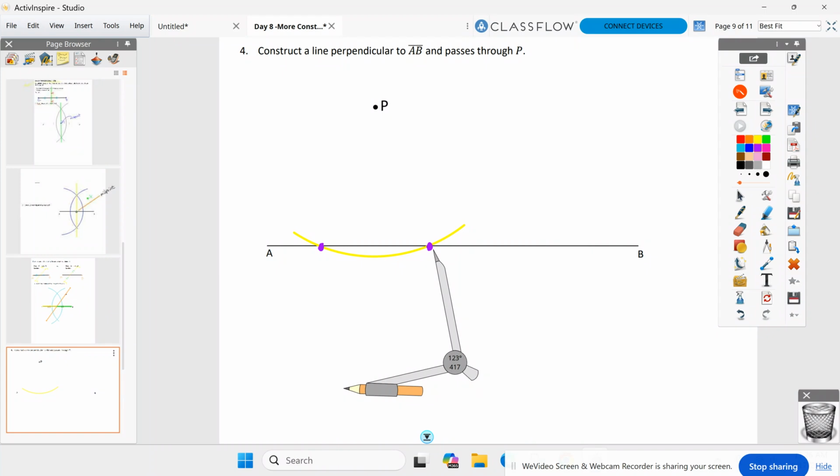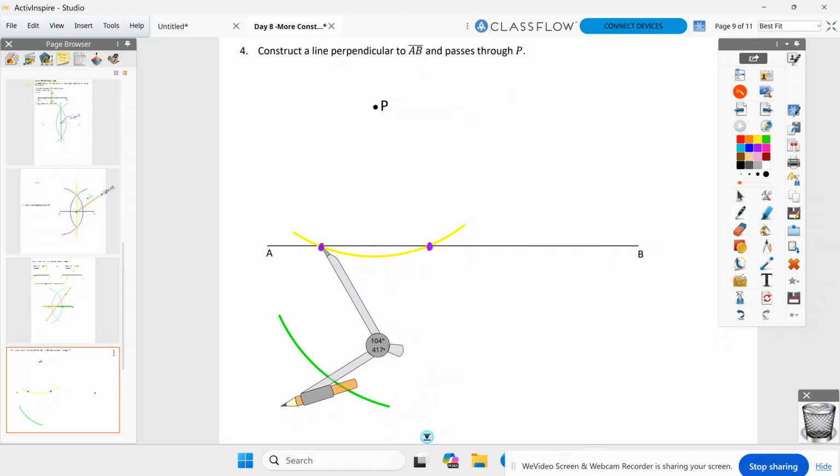Just open it up slightly wider. Put it on one of the points of intersection. I'm going to do this below line segment AB, but you could certainly do it above. I'm going to make another arc. It shouldn't intersect the first one you made. Then I'm going to go over the other point of intersection so that both of these two arcs intersect each other at the end.